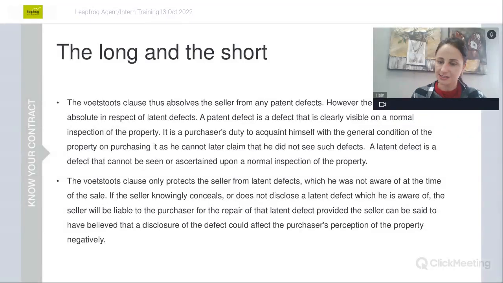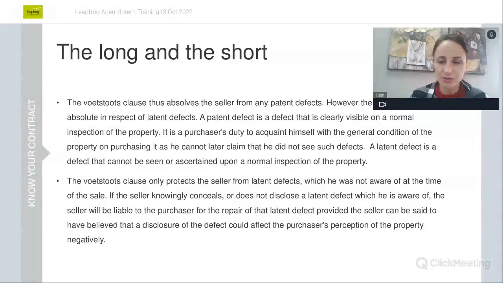So when it comes to patent defects, we covered that. We know the buyer has an obligation to also do his part, so our seller is covered. But what about the latent defects? Latent defects, as I mentioned, is quite something else. In general, yes, the Voetstoots clause does protect our seller, and our seller is not required to fix something that he doesn't know about. But if he does know about it, then disclosure really is key.